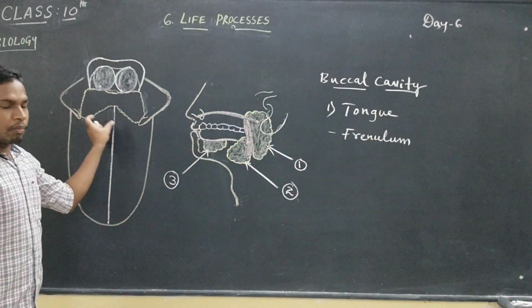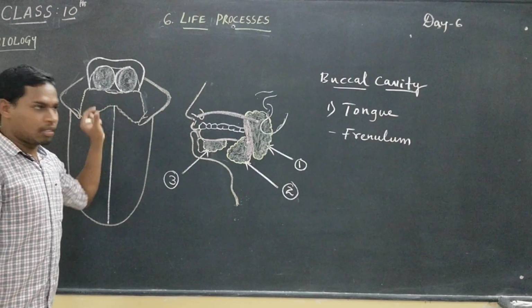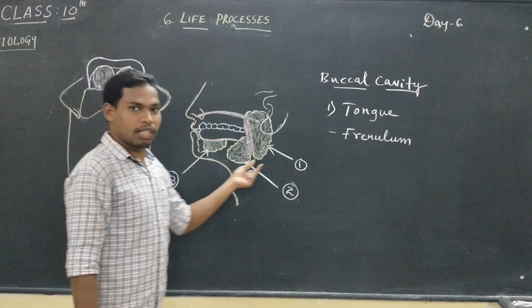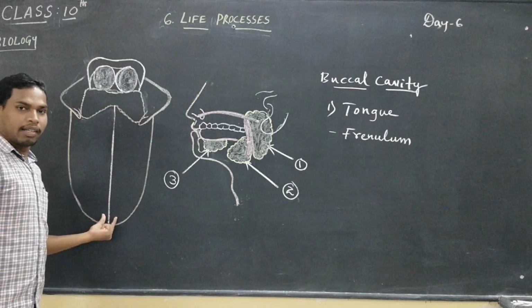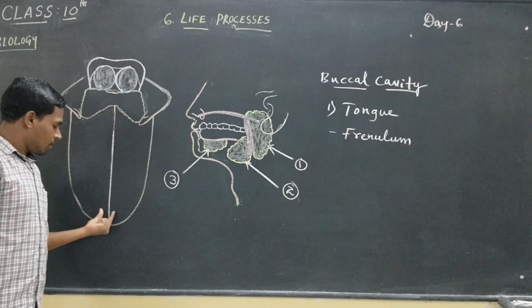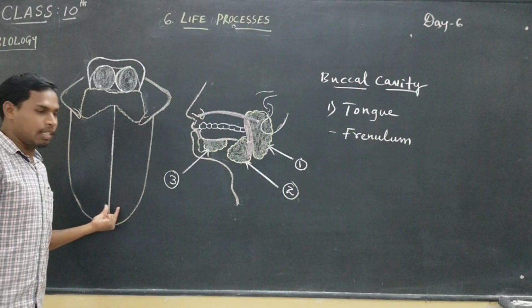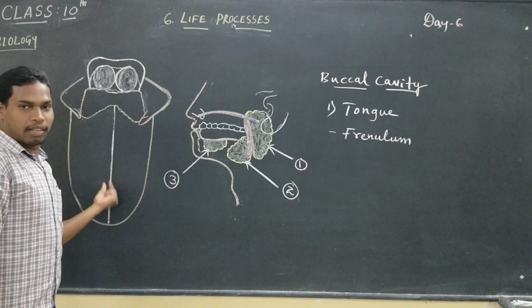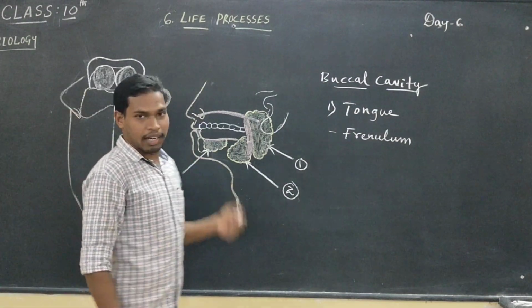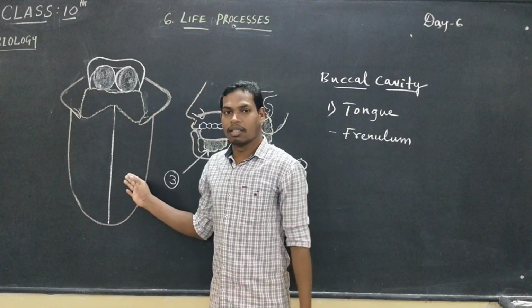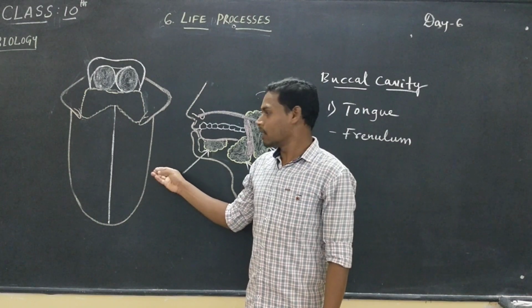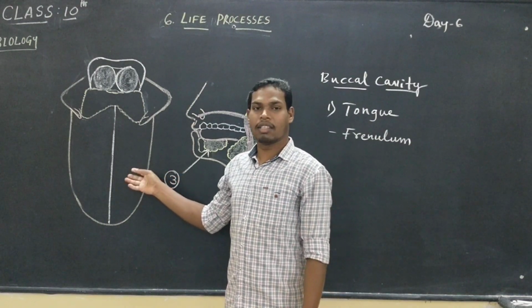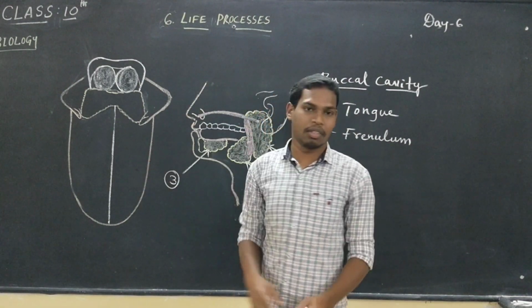The posterior part of the tongue is attached to the floor of the buccal cavity, and the anterior part, or the first part, of the tongue is free. It can move in all directions, and it is supplied with a rich amount of blood vessels and connective tissues.